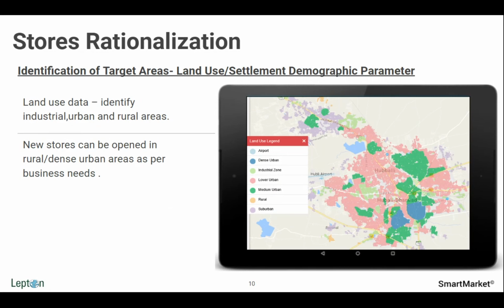Compare this, if I am a Shoppers Stop, and if I want to come up with a new store in a city, I would want to be in a location which is non-industrial, which is densely populated and has high affluence for me. So that's land use data for you, which again can be incorporated in the smart market solution to come up with scientific decisions and understanding the business potentiality of different geographies.